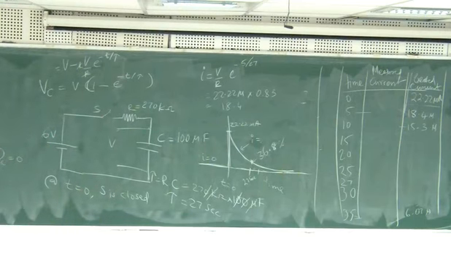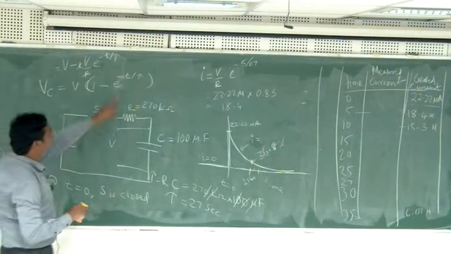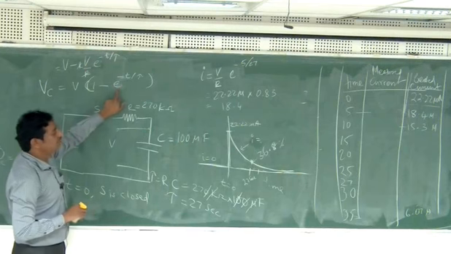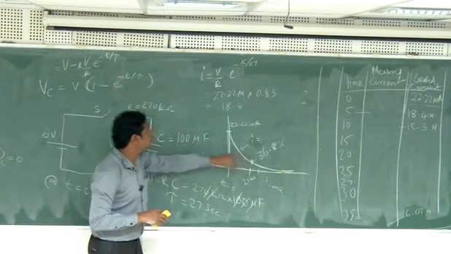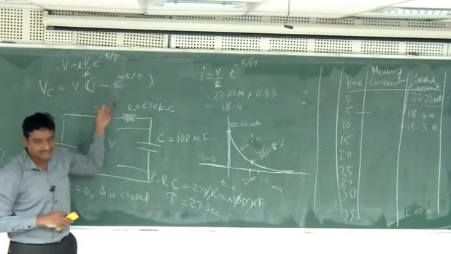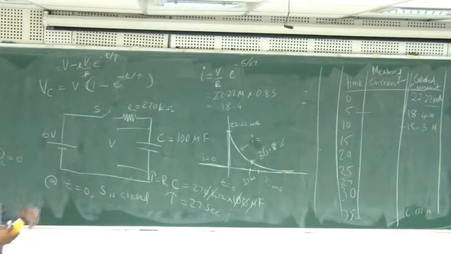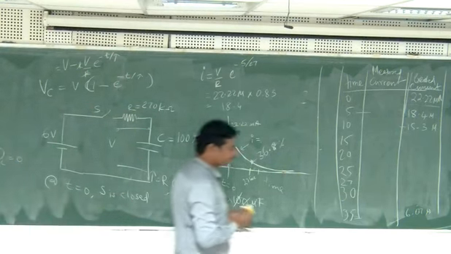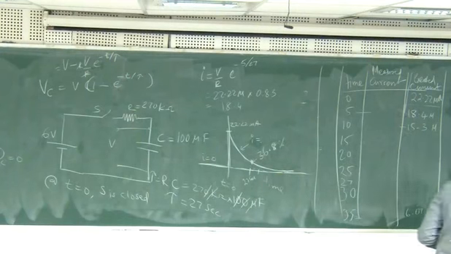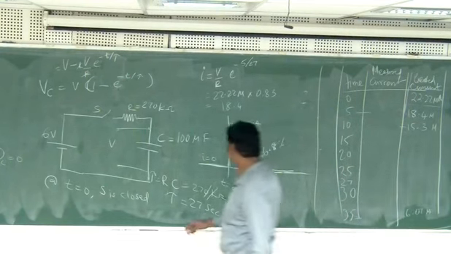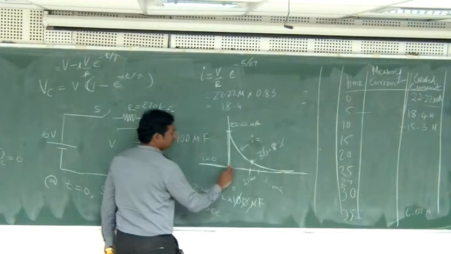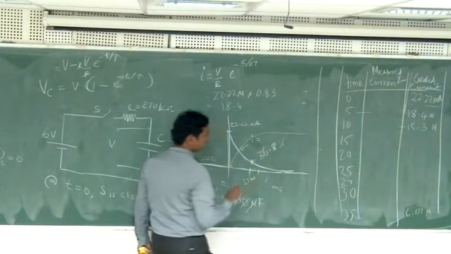So when t equals tau, this value will be 36.8%, but 1 minus 36.8% is 63.2%. So what is the shape of this one? It starts from 0 and then gradually charges to some value.